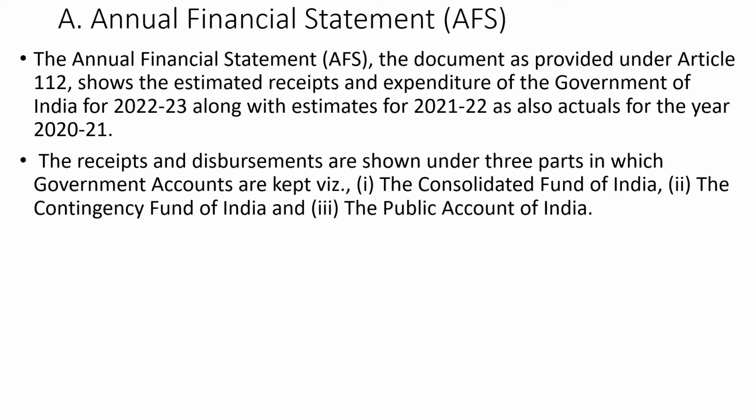Now, what is the budget as a financial statement, or specifically the annual financial statement? The budget of a country is a document, and in India it is provided under Article 112.